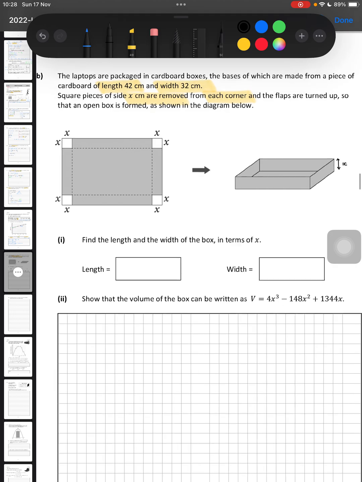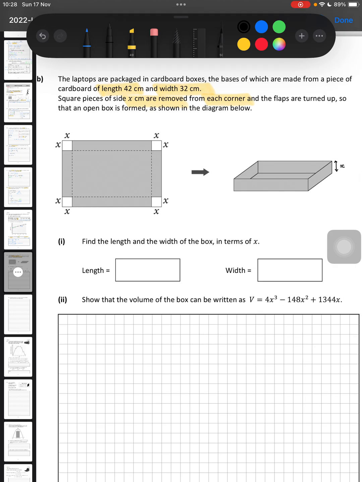So from these sheets that started with a length of 42 centimeters and 32 centimeters, X was cut from each of those twice, once at each end.